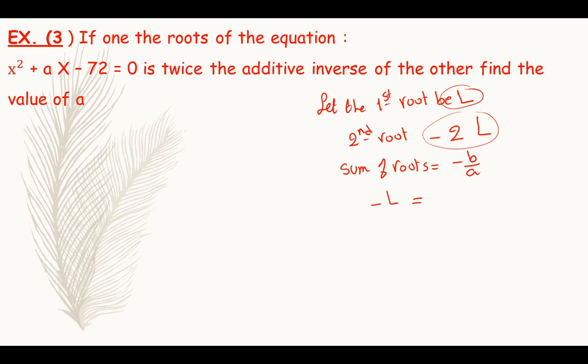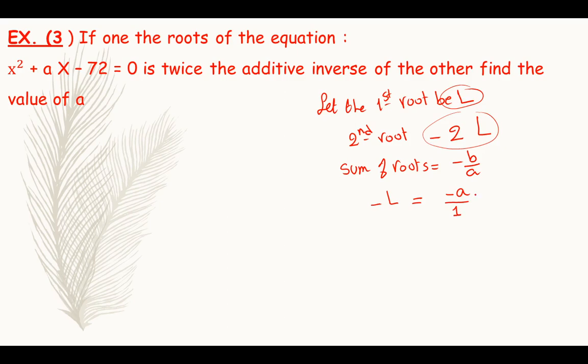This is equal to negative b over a. Negative b is the coefficient of x, over a, which is the coefficient of x power of 2. Here negative b, the coefficient of x, is equal to negative a over a, which is the coefficient of x power of 2, and it will be 1.